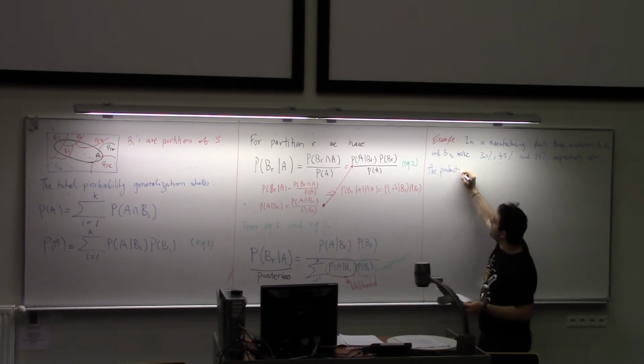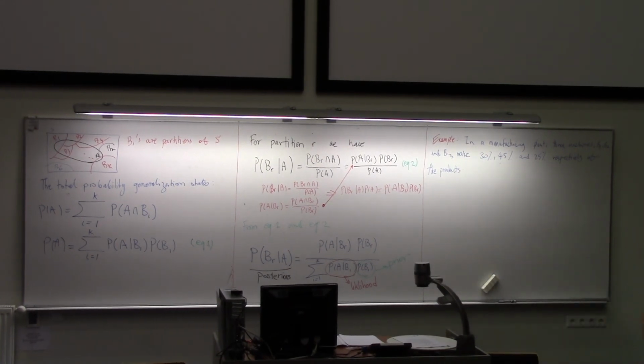So we have 3 machines which are producing the products, and each of them is producing a different percentage of the products.